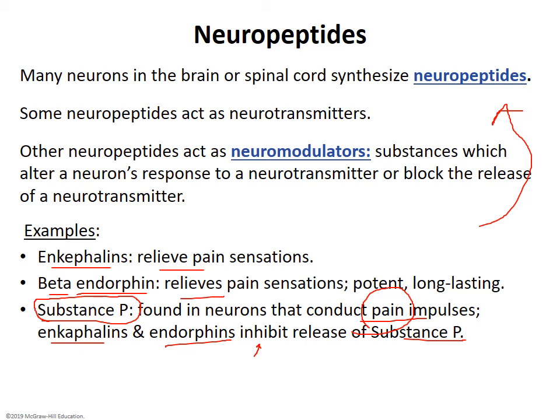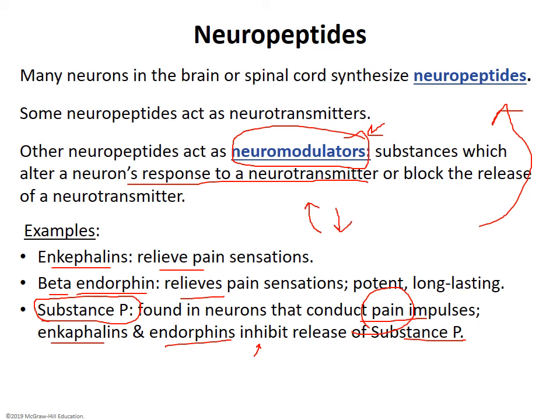Now, the last one on here is this thing called a neuromodulator. Modulator means to change or affect how things do. These are small substances that are released from the cell itself that will change the way the neurotransmitter acts. As it says here, which alter the neuron's response to a neurotransmitter. The neuromodulators are going to be both excitatory and inhibitory.